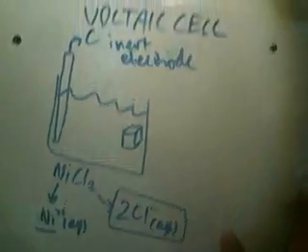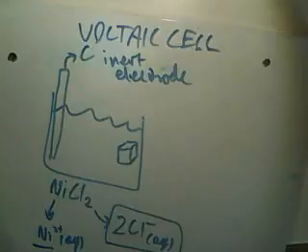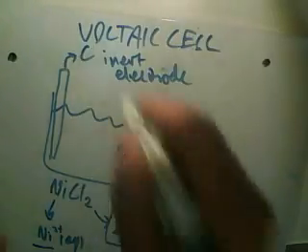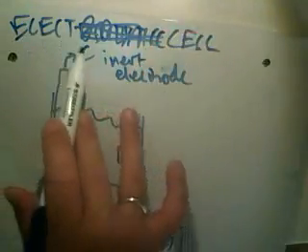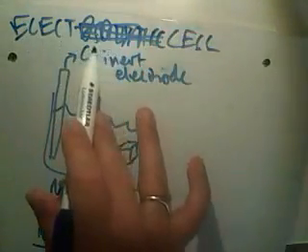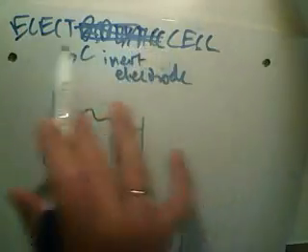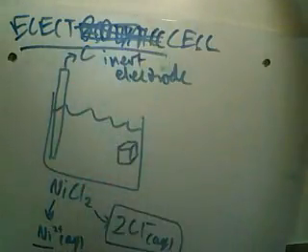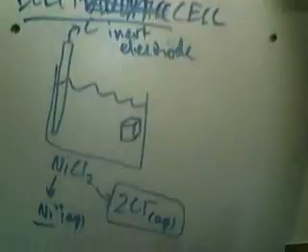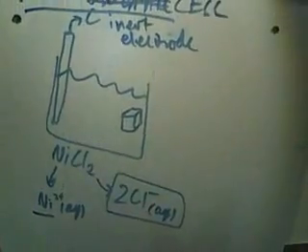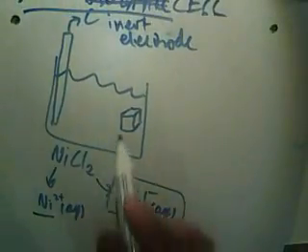Voltaic cell is another word for galvanic cell. No, not voltaic cell. Electrolytic cell, E-L-E-C-T-R-O-L-Y-T-I-C. Okay, this is an electrolytic cell. Hooray for terminology.